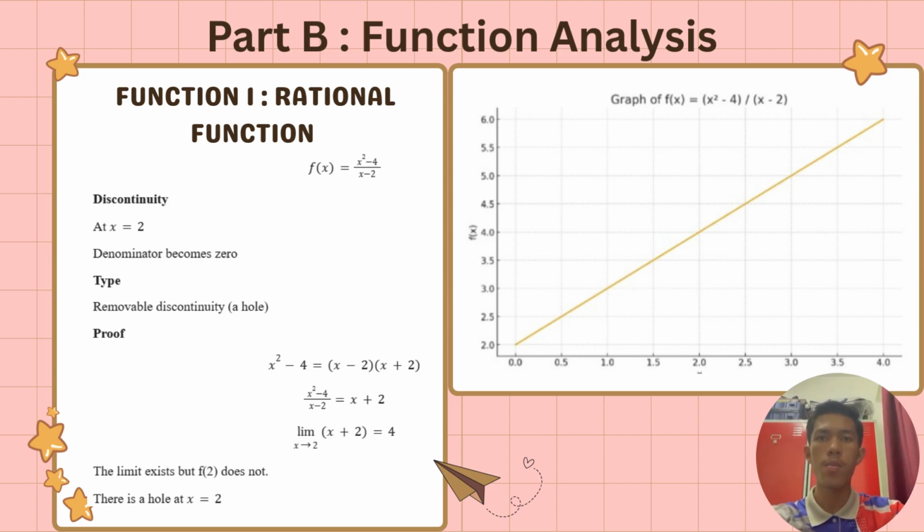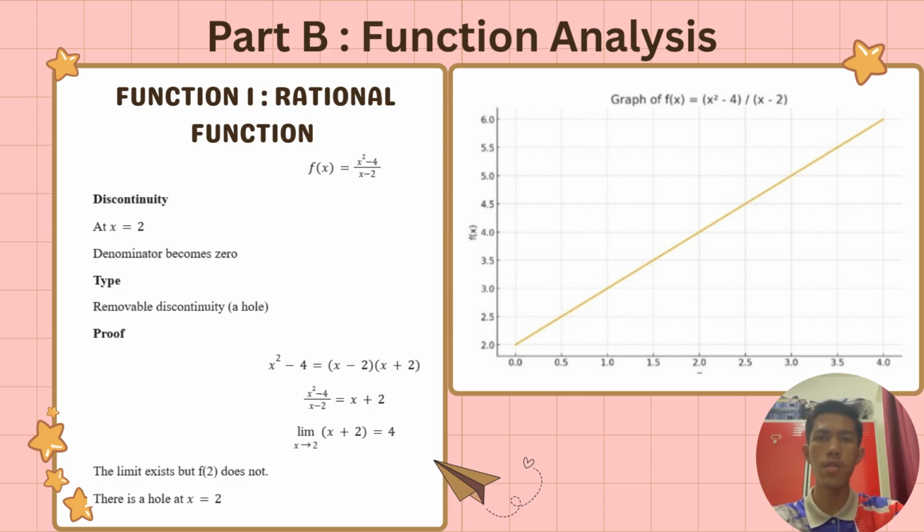Let's look at the proof on the slide. This confirms our analysis. We can factor the numerator, x squared minus 4, using the difference of squares formula into (x minus 2)(x plus 2).